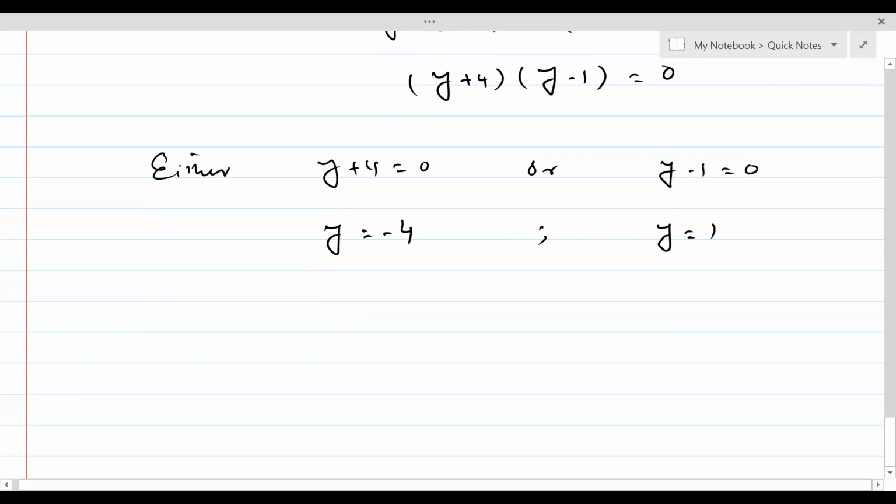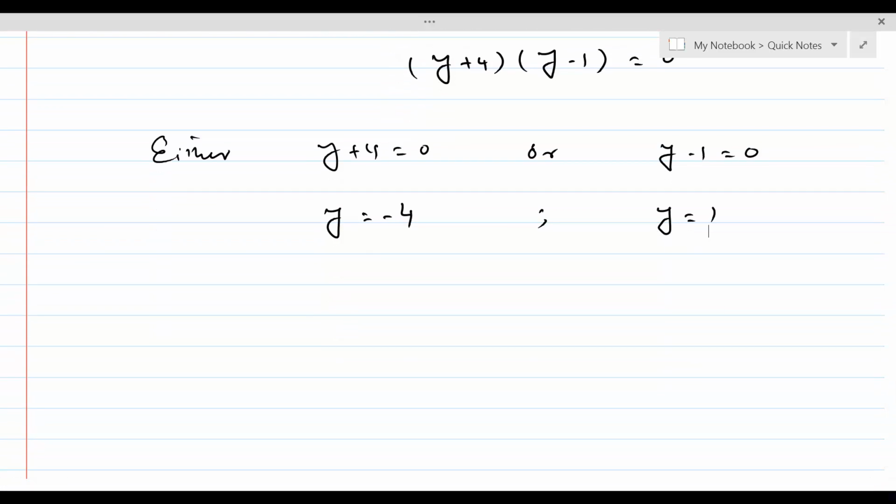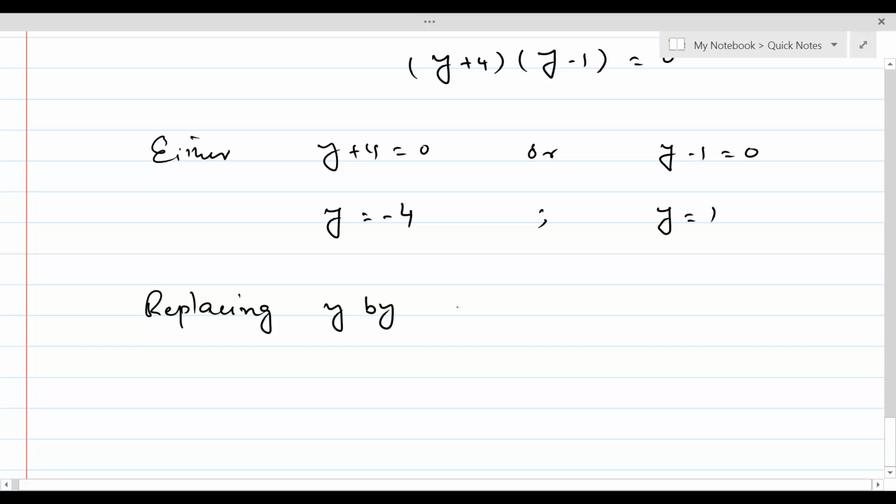So either way, we are going to replace the y by its value, replacing y by x plus 1 over x. So this would be x plus 1 over x equal to minus 4, and here it would be x plus 1 over x equal to 1.